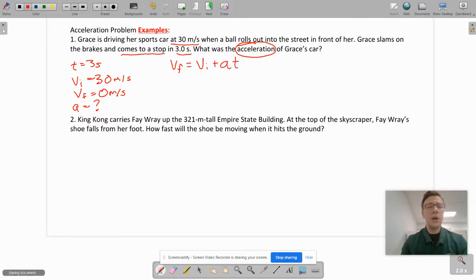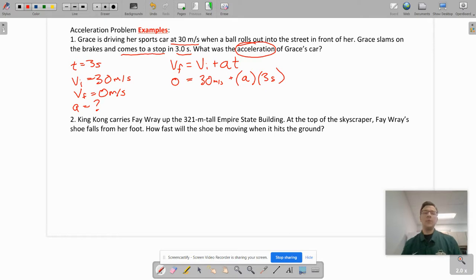Okay, so now we can go ahead and plug these things in. 0 is equal to 30 meters per second plus, in parentheses, acceleration times 3 seconds. Okay, so the first thing that we need to do here is get rid of that 30 meters per second. So we're going to subtract that off because these are being added together right here, right? So we have this addition sign.